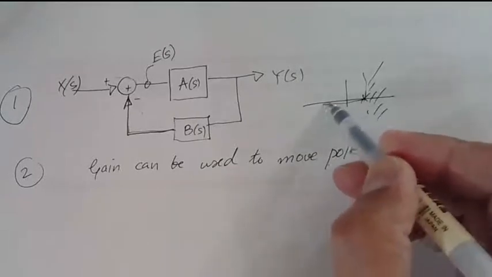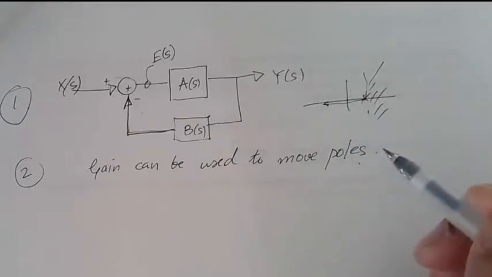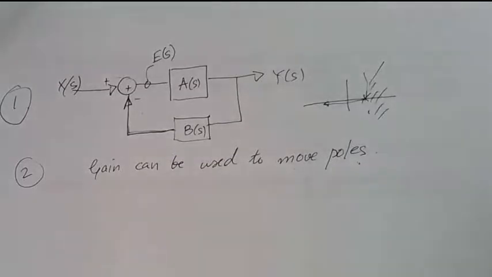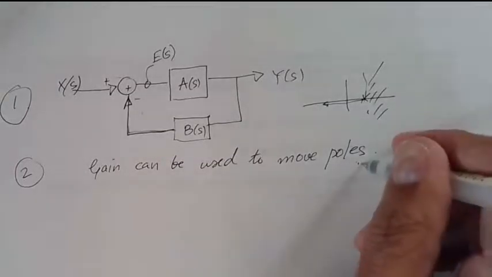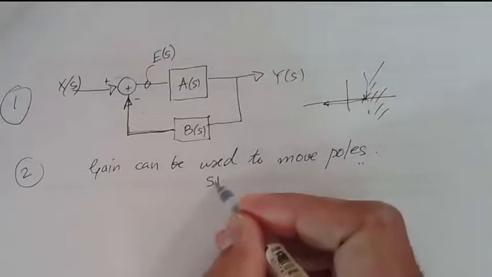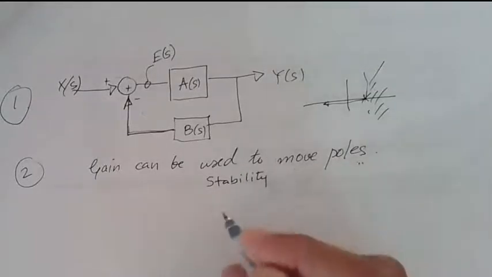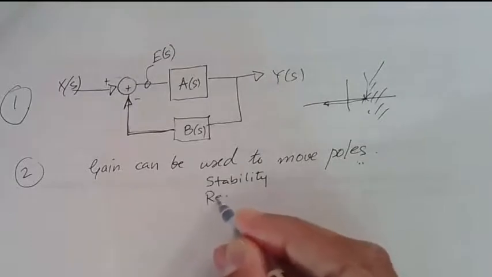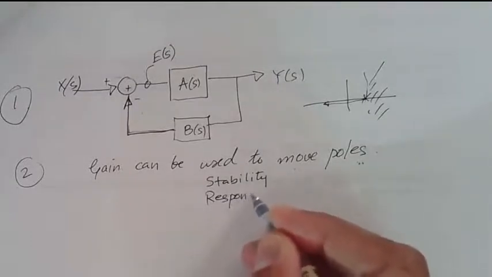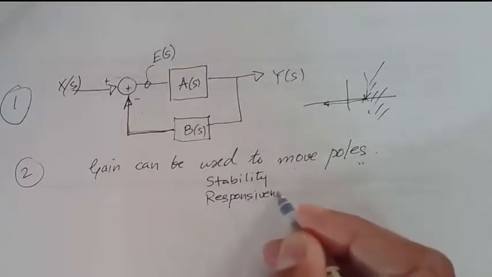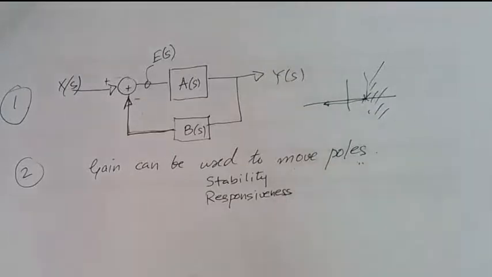I can shift this pole over onto this side, and I can get a stable system. So I can use this to increase stability. I can use it for other things as well that I really haven't shown you. I can use it to change responsiveness. And those are the things I can change just by changing the gain.